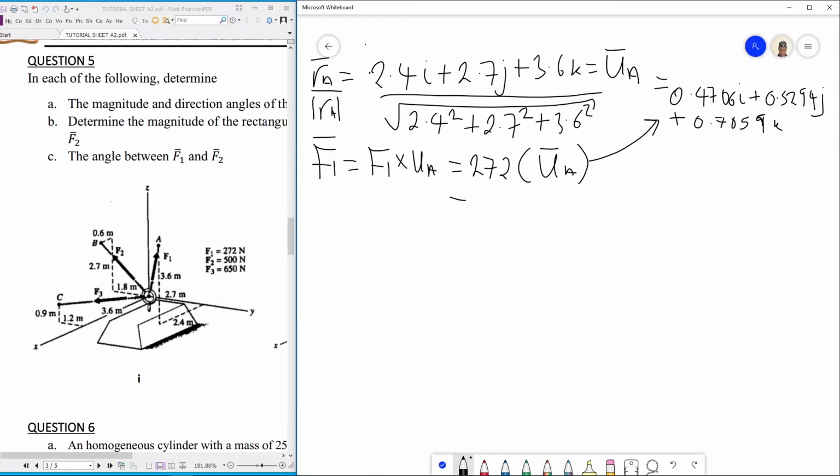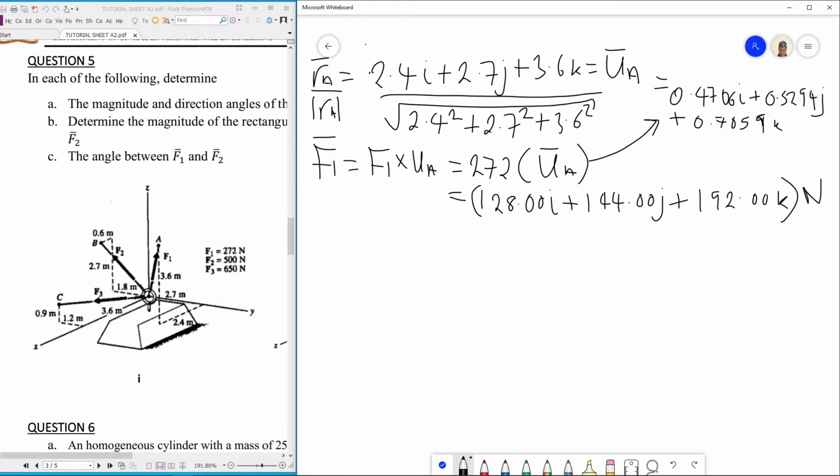And when you do that multiplication, you should definitely get 128.00 I plus 144 J plus 192.00 K. All these are newtons.